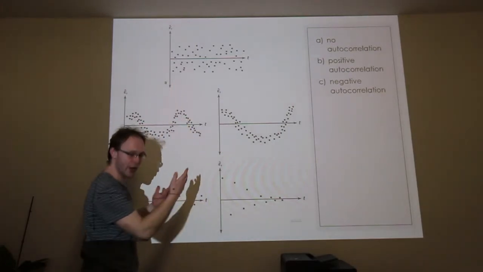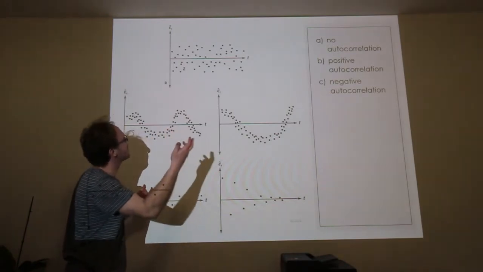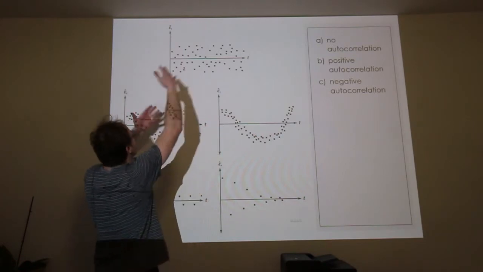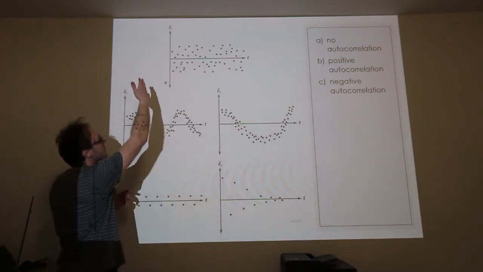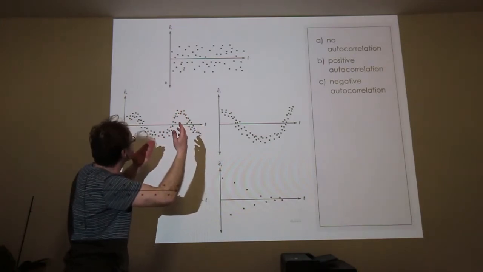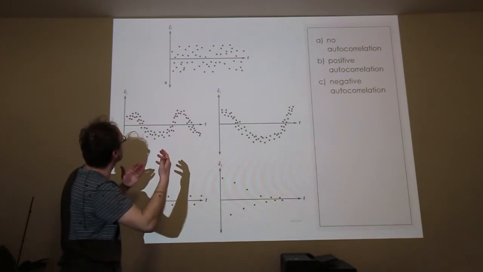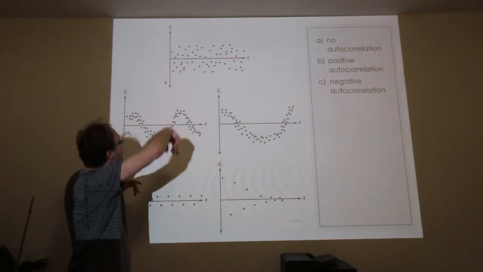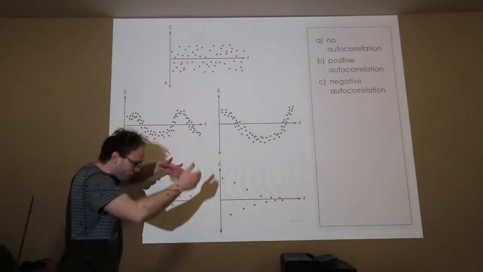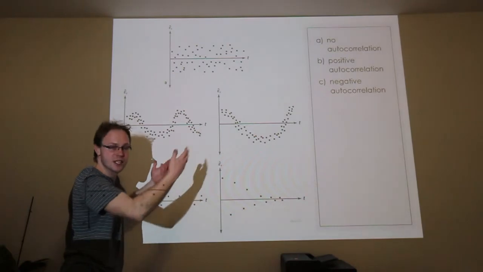Because the observed values are chaotically represented here without any system. There is no visible system of these values. The points fluctuate independently around the x-axis.